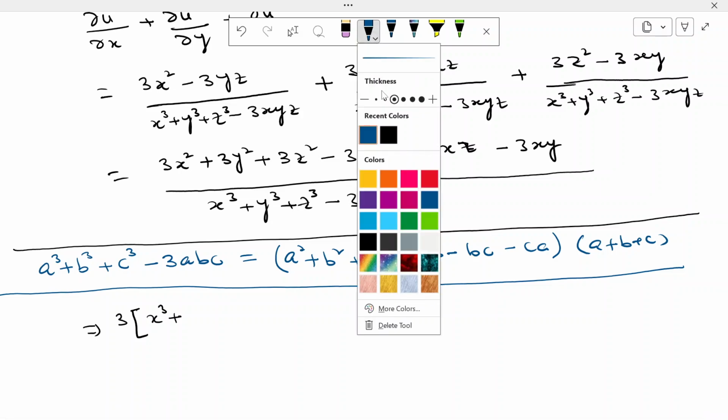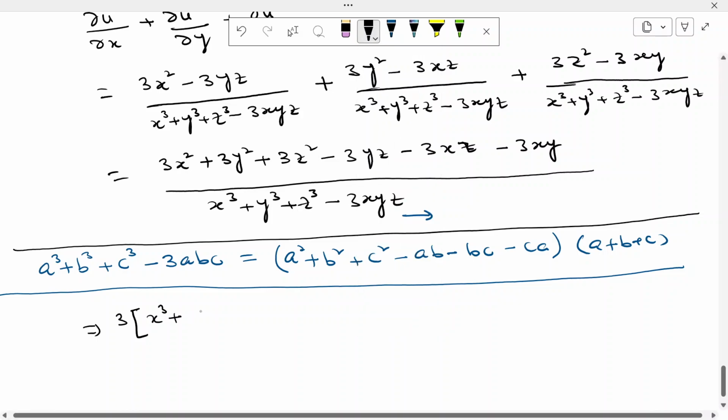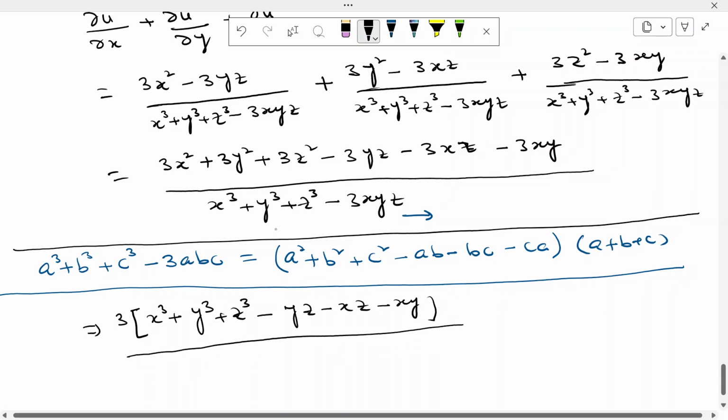Okay, so this is 3 times x cube plus y cube plus z cube minus yz minus xz minus xy, and when we apply this formula here, we have x plus y plus z, and we are having this as x cube plus y cube plus z cube minus xy minus yz minus zx.